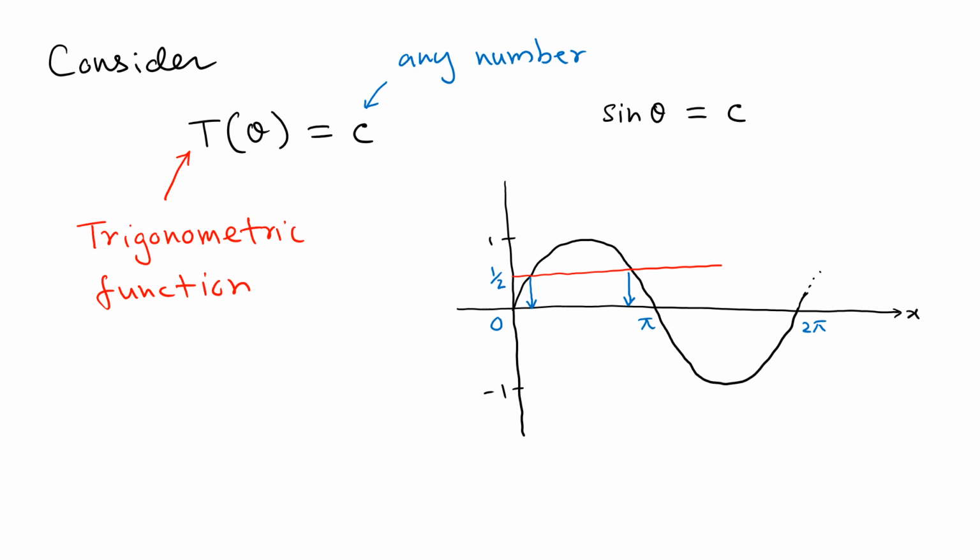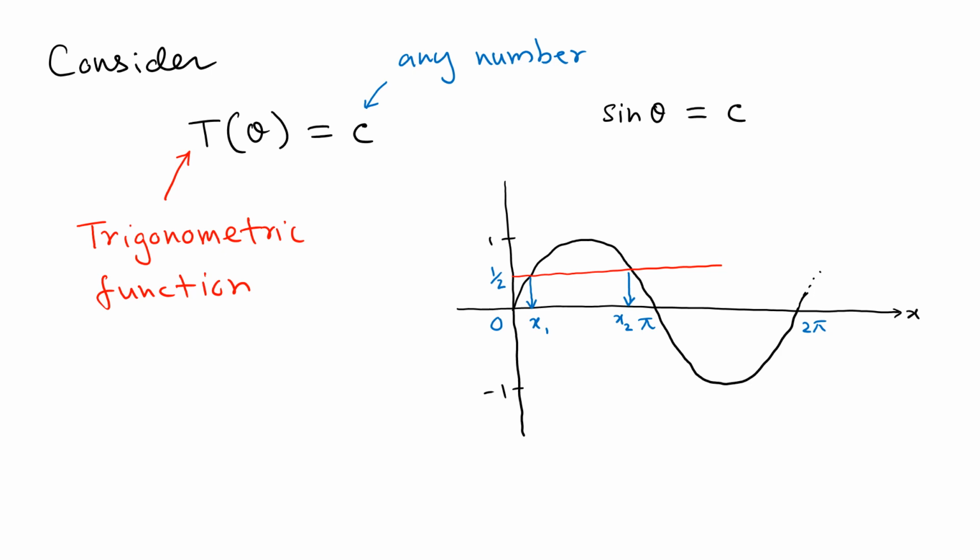I'm going to call the first value x1 and the second value x2. We can actually find those two values. We know x1 is simply pi over 6, or in degrees 30 degrees, and then there's another value x2, which is 150 degrees. So even if you pick 1/2, you can see there are two values there.